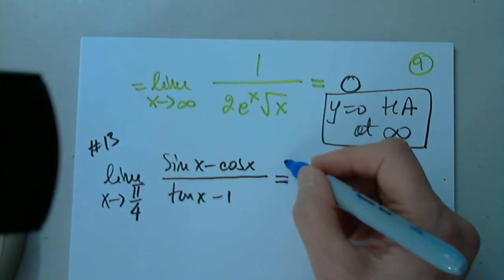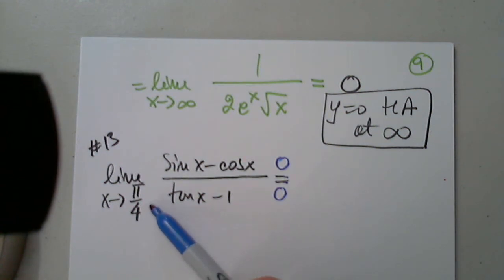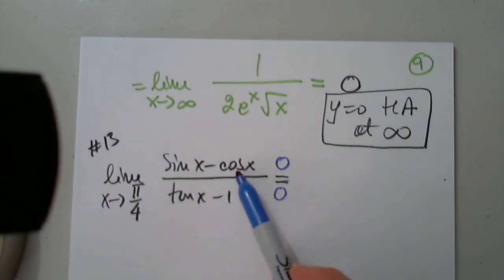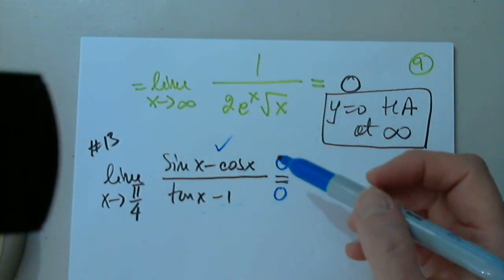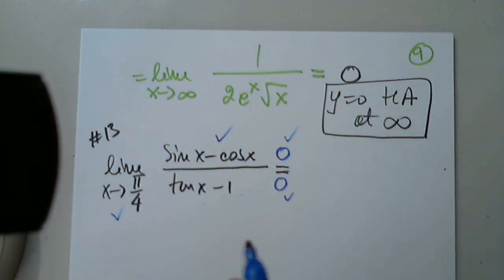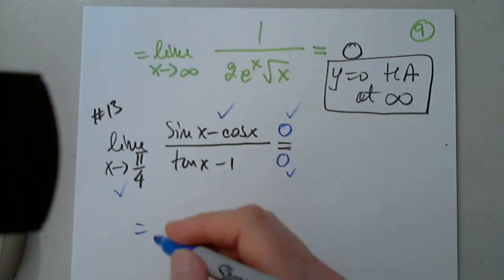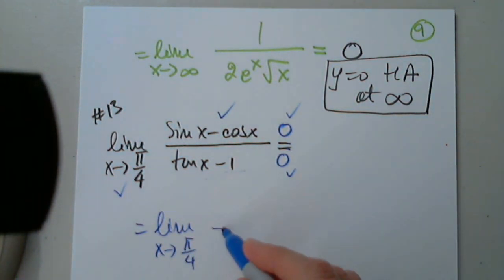Is it 0 over 0? Exactly. Sine and cosine are the same there. The square root of 2 over 2 minus square root of 2 over 2, and tangent is 1. 1 minus 1 is 0. Excellent. Ratio, differentiable, 0 over 0, limit. All the requirements are here.